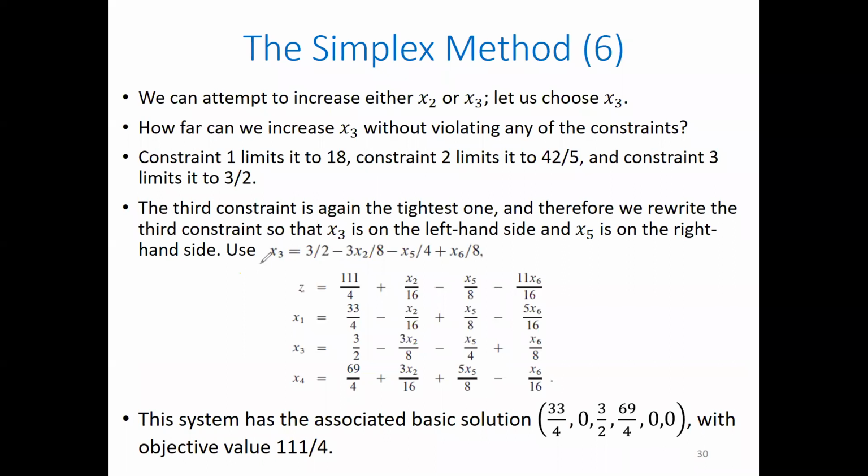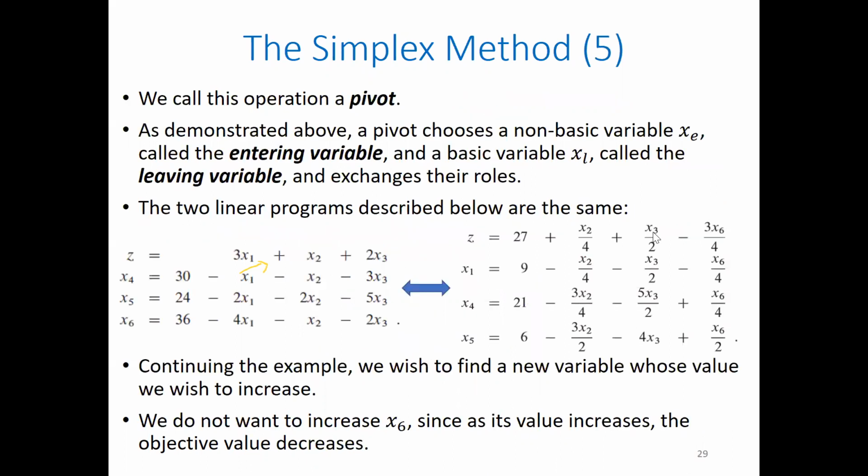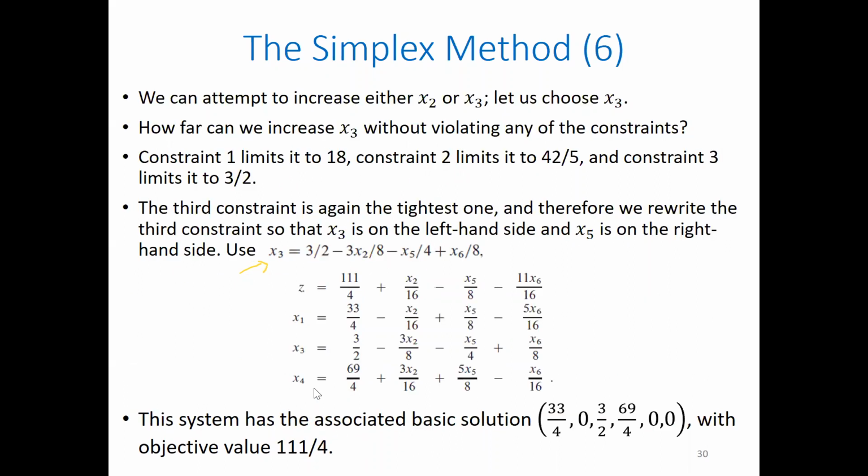Then you substitute or plug this in wherever you see x3 on the right-hand side. That means in place of this guy and this guy, you would get a new set of equations, which is given over here.